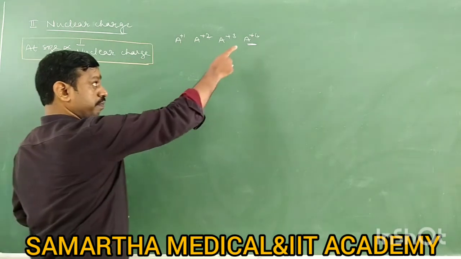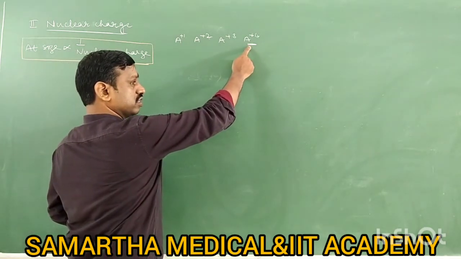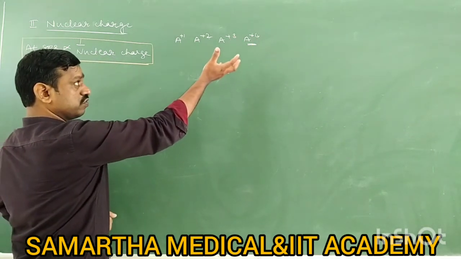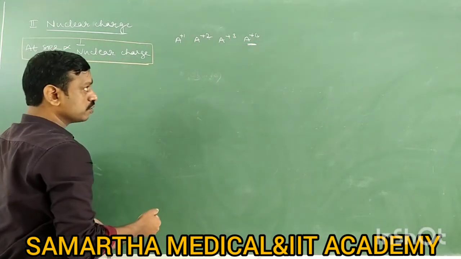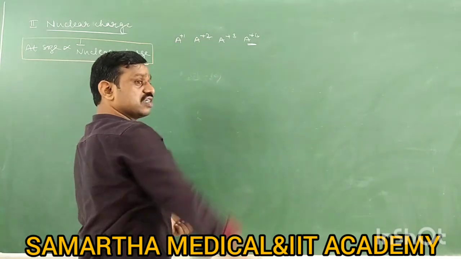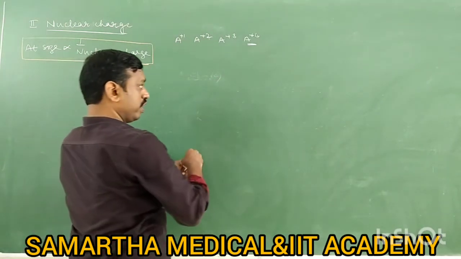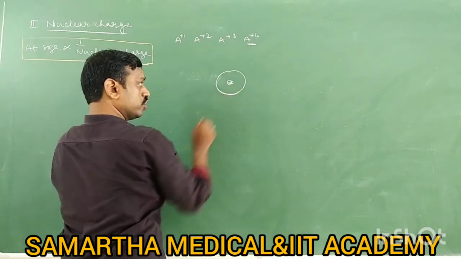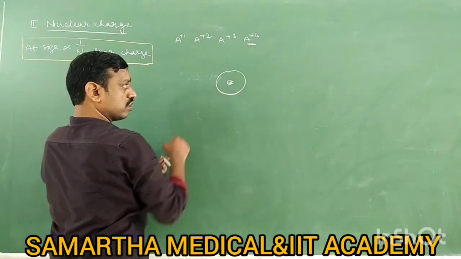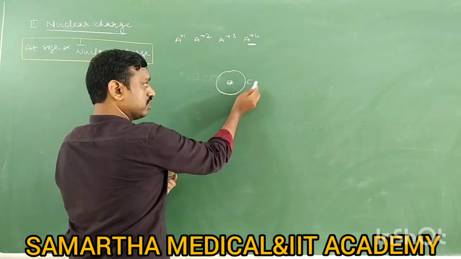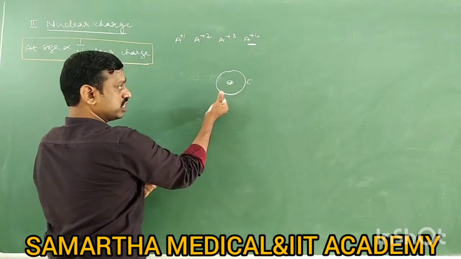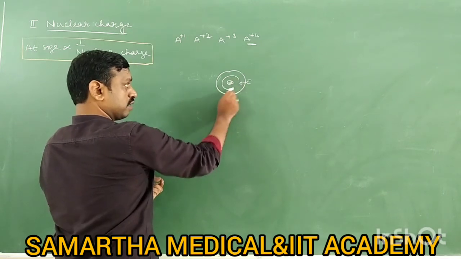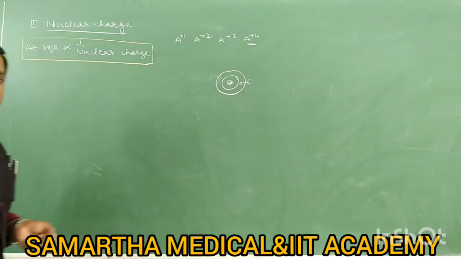When the positive charge increases, the nucleus's force of attraction increases; that is what we call effective nuclear charge. When effective nuclear charge increases, the nucleus strongly holds the electrons towards its side. So these electrons come closer, and atomic size decreases.